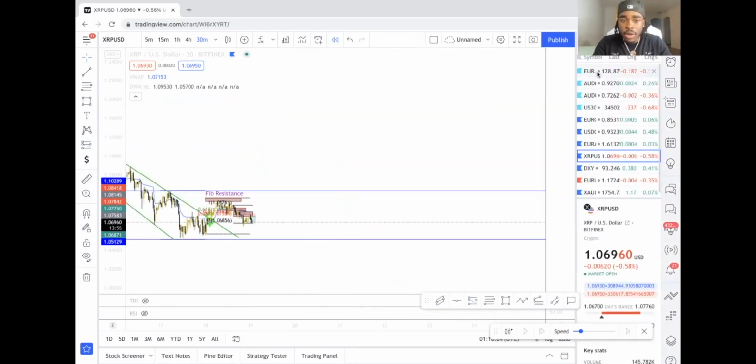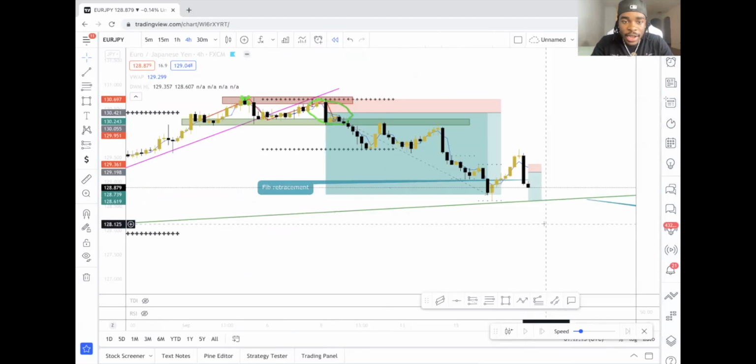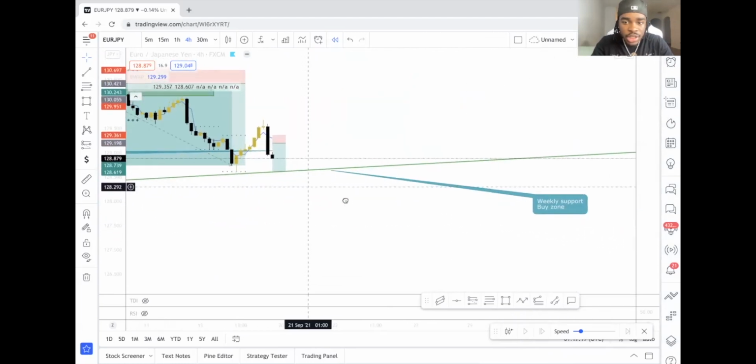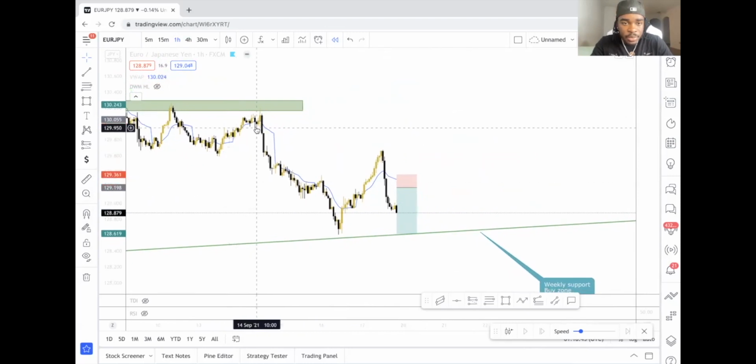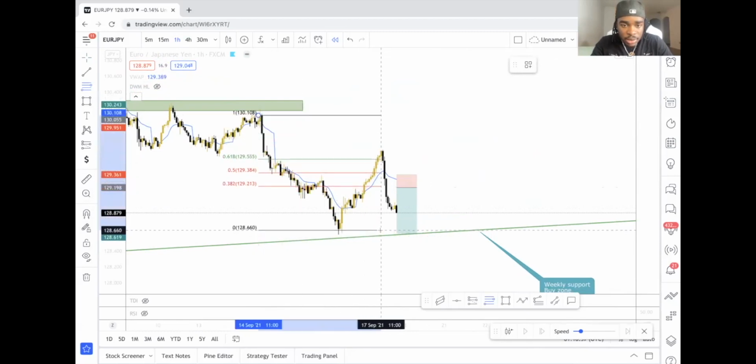Okay, so let's go over a couple more examples. All right, guys, so I had already won this trade here on Euro JPY. So I'm gonna show you guys another fib example right here. This whole breakout happened to the downside. And then of course, when this happened and it retested our support area up here, people pulled out their fibs and they said, okay, do it from the high to the low. Boom.